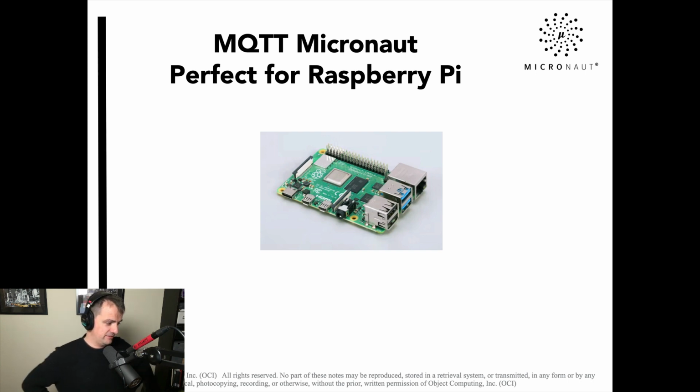MQTT seemed like the perfect fit because you often use such a device in combination with sensors and things like that, which could send MQTT messages. It also shows that Micronaut is well suited to environments with low resources.